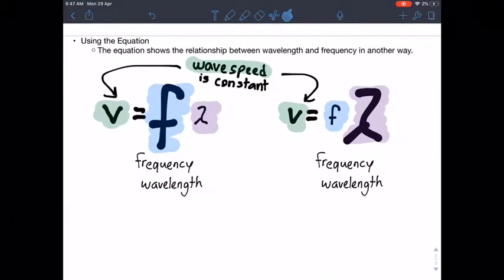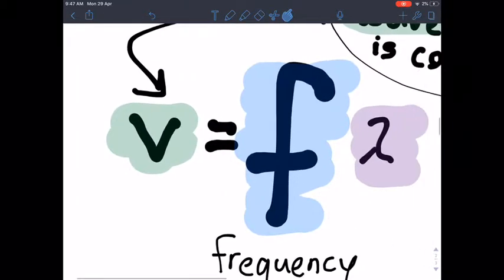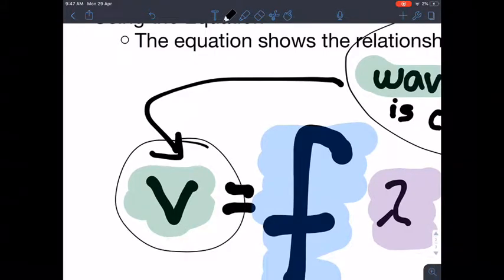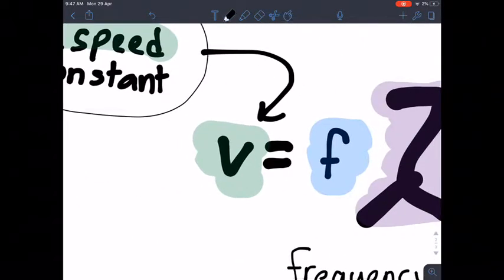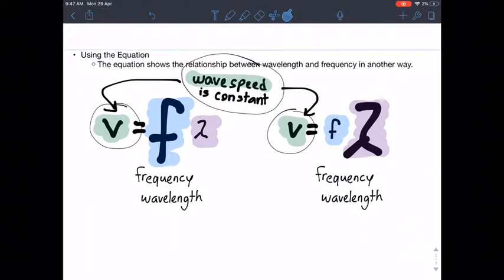When we use the equation, if we say that the medium is constant and therefore the wave speed is constant, then the V on both sides of the equation has to remain the same. If you plug in a large value for F, you have to plug in a small value for lambda in order to get the same wave speed out of the equation.